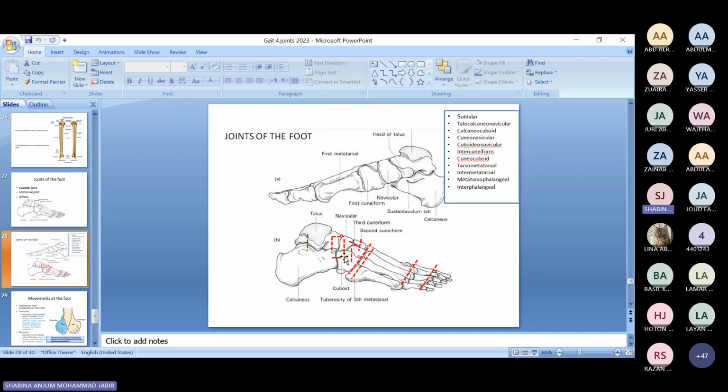Can you see this block? This is the transverse tarsal joint. These two plus the subtalar are responsible for inversion and eversion.